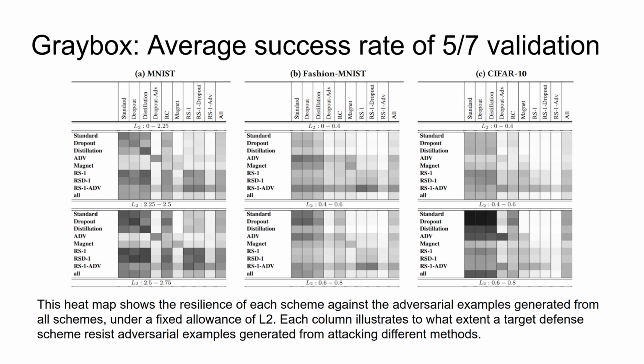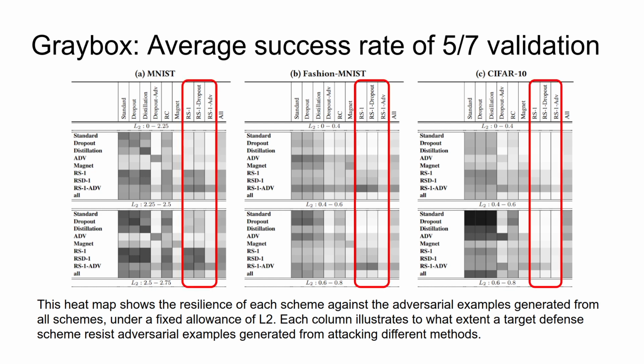We group adversary examples with similar L2 distance together. In the heat map, lighter means the defense algorithm gives better protection. Here we can clearly see the RS-based method gives the best protection compared to other defense mechanisms.